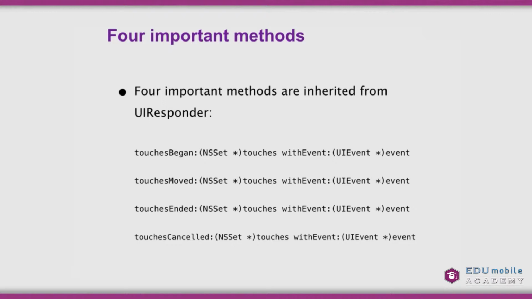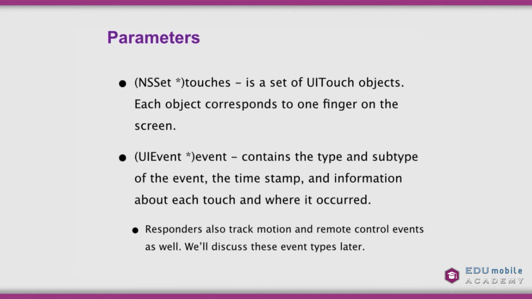The one that may be a little difficult or confusing is the final one, touchesCancelled. TouchesEnded means a finger or fingers leave the screen. But touchesCancelled is when something happens on the device that cancels the touches, such as the phone ringing or another screen coming up or something like that. So here are the parameters. The touches parameter, as I already said, is a set of UITouch objects.